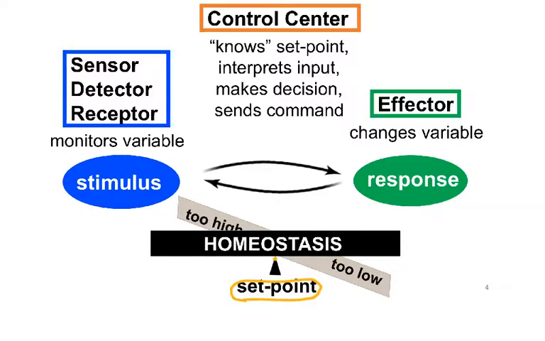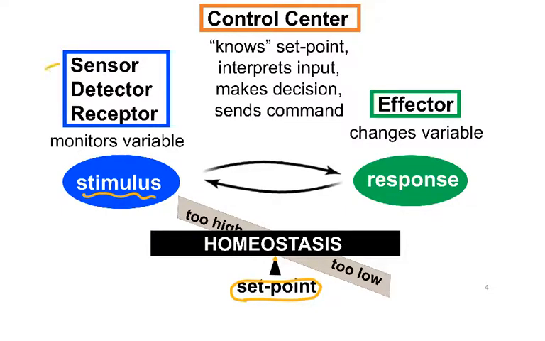Right, when blood pressure gets high, because let's say you've been running, that's a stimulus. The running is a stimulus that causes blood pressure to increase, so that takes you above the set point. That's detected by some feature of a homeostatic mechanism.